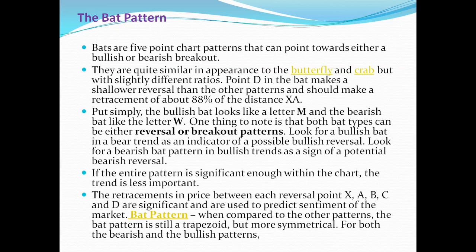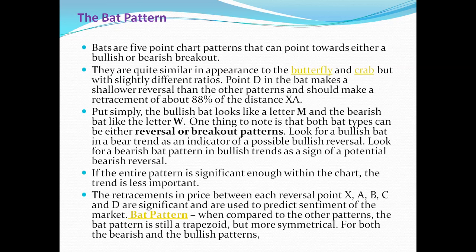Look for a bearish bat pattern in a bullish trend as a sign of potential bearish reversal. If the entire pattern is significant enough within the chart, the trend is less important. The retracements in price between each reversal point X, A, B, C, D are significant and used to predict the sentiment of the market.